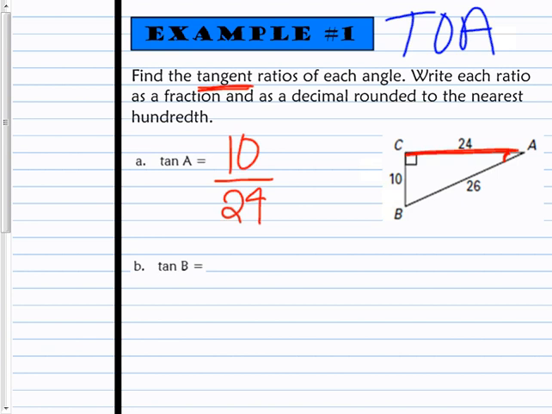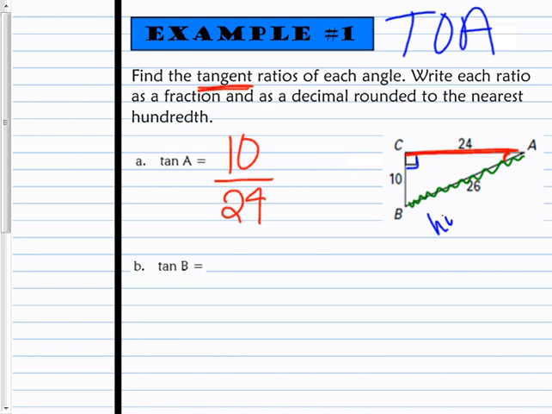Now you might say, well, Mrs. Locke, why didn't we use BA, 26? Well, the reason why we know it's not BA, which is 26 units in length, is because this is a right triangle. All of what we're dealing with right now is trigonometry, right triangles, and so on.